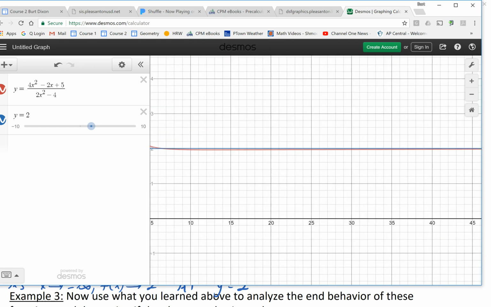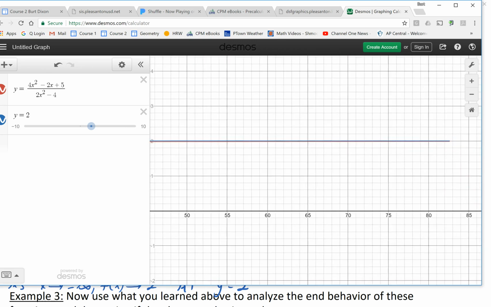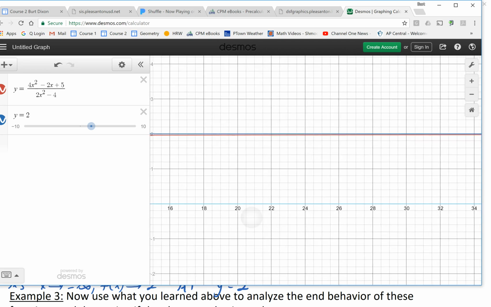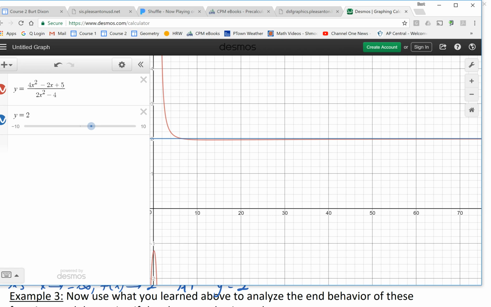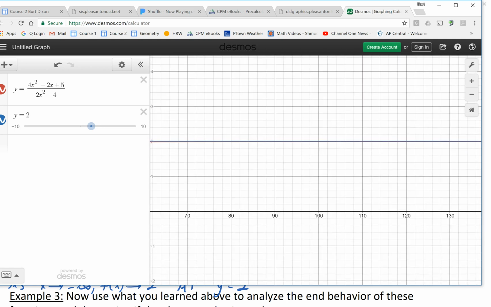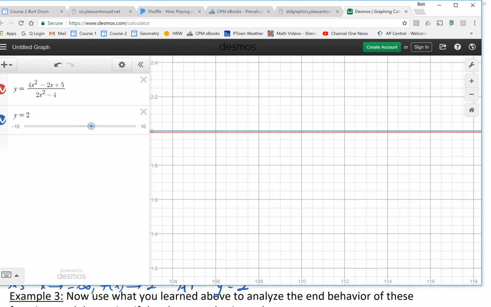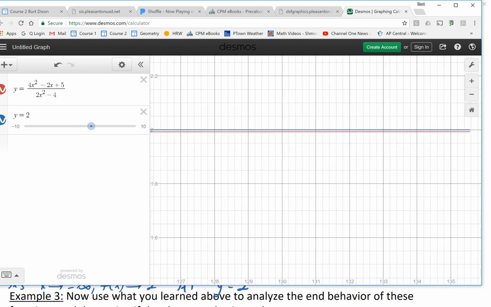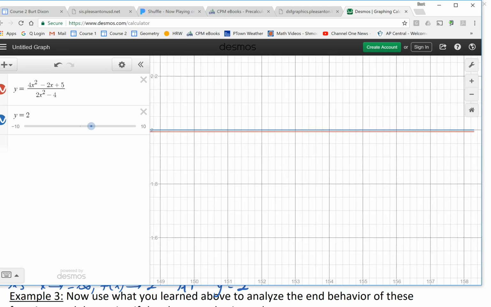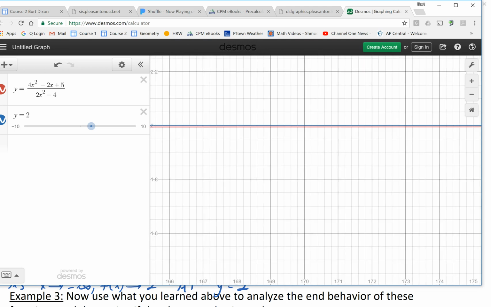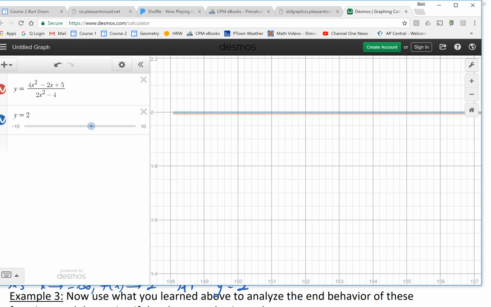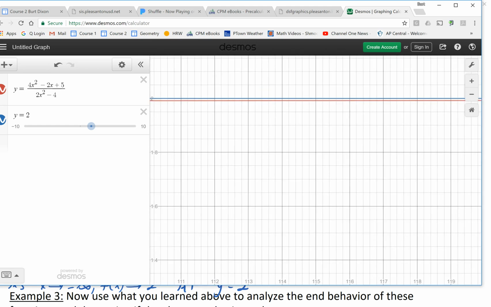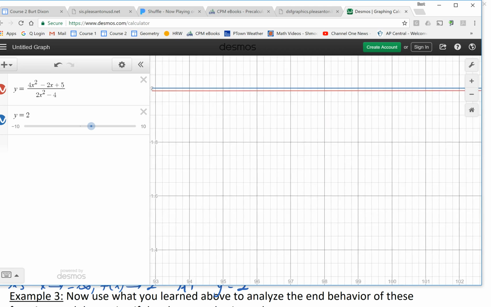But still, as I go further and further to the right, do you see? It's underneath, but it's getting closer and closer and closer. So I'd have to really zoom in to see the difference between those. And as I keep going to the right, it just keeps getting closer and closer and closer to the blue line. Okay? So a lot of people have the misconception that a curve can't cross an asymptote. An asymptote's not a line that your graph doesn't cross.